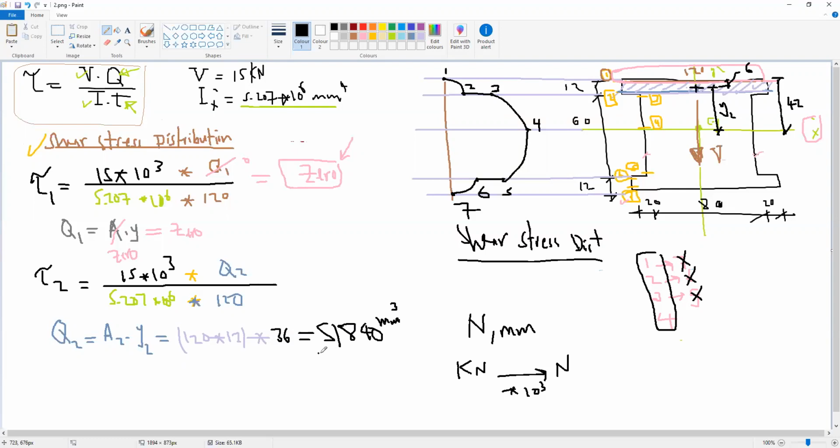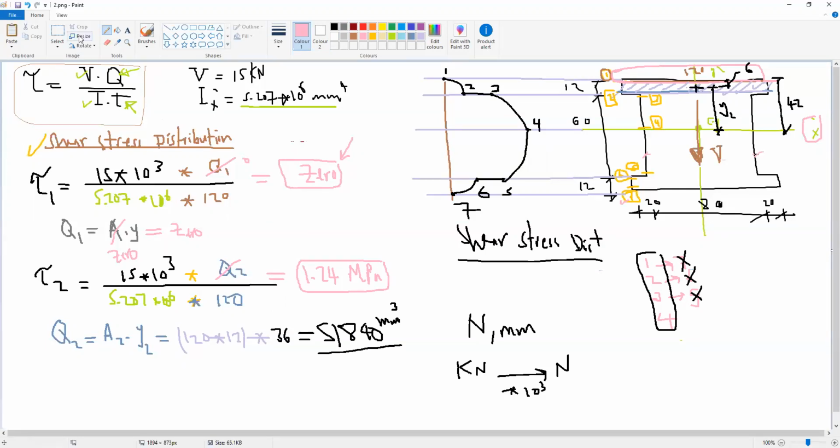So now we know Q2 and we can substitute with this value here and get tau 2. Tau 2 was 1.24 MPa. So this is the value of tau 2.